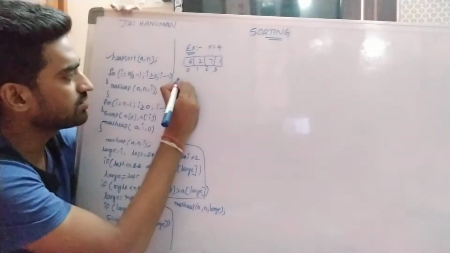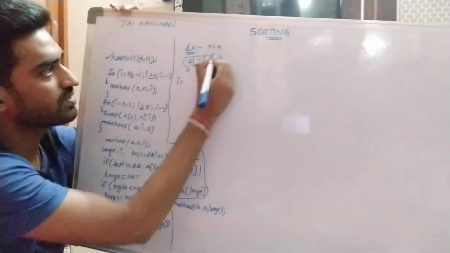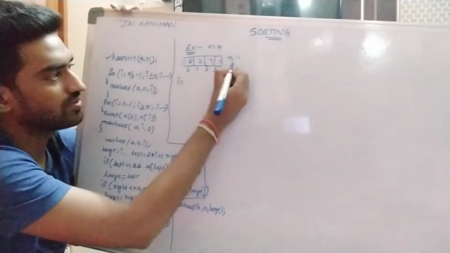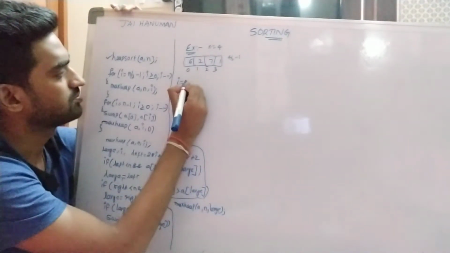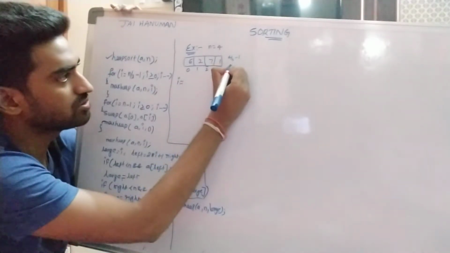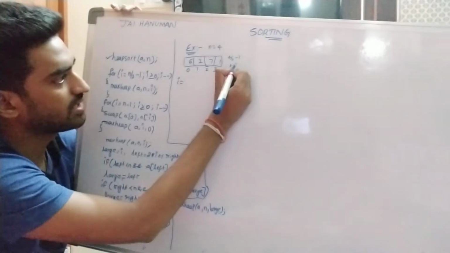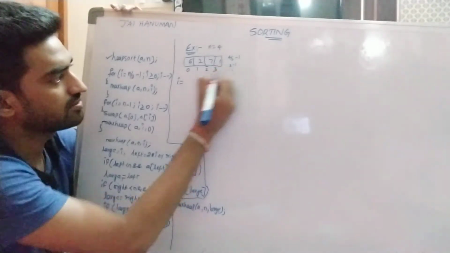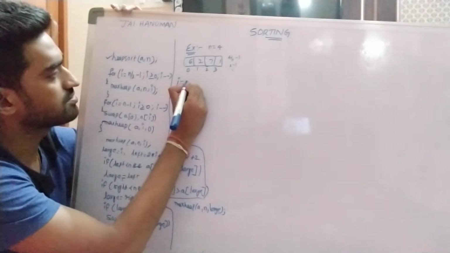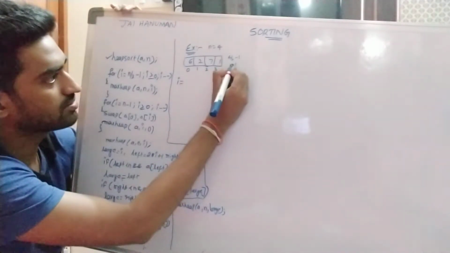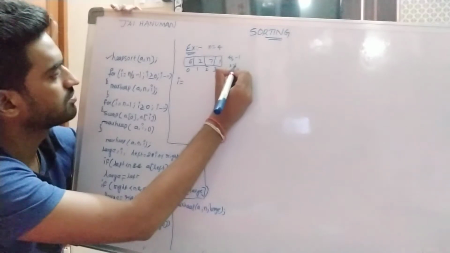So first we check this loop. i is equal to n by 2 minus 1, that is 4 by 2 minus 1, which is 2 minus 1, that is 1.